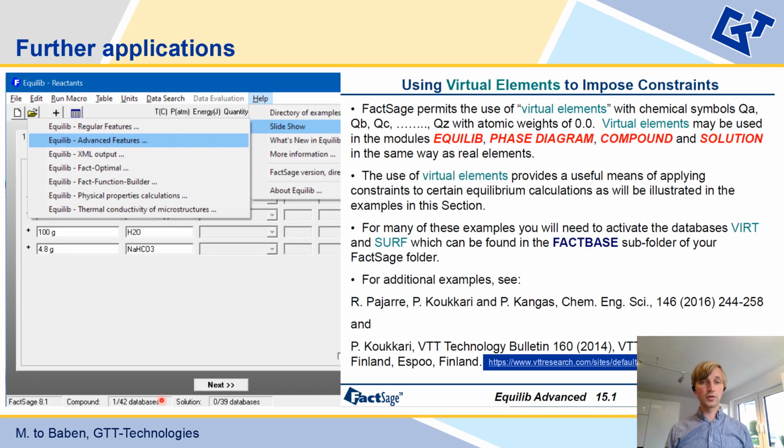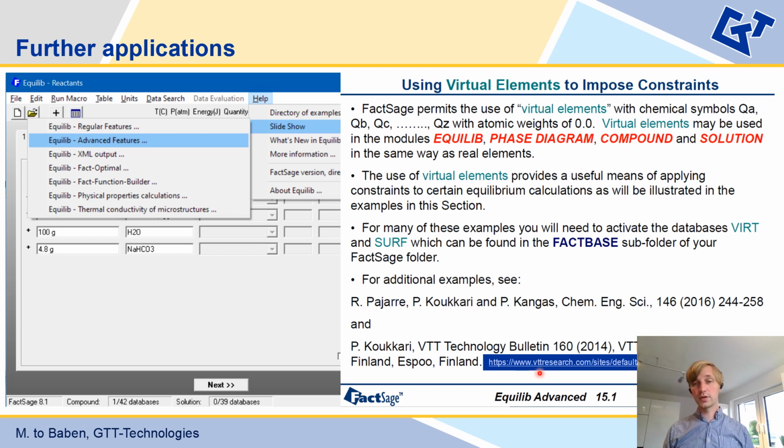If you go to Equilib and you click on slideshow and then advanced features, there's a chapter 15 that was added in FactSage 8.1 that has many different application examples for the use of virtual system components. It also gives references to the group at VTT.